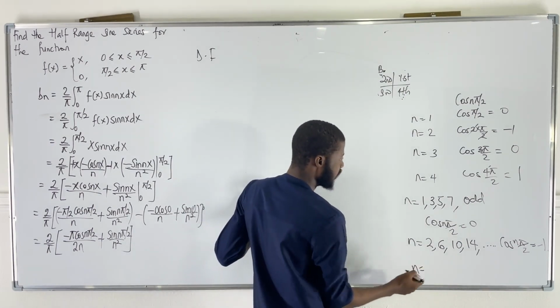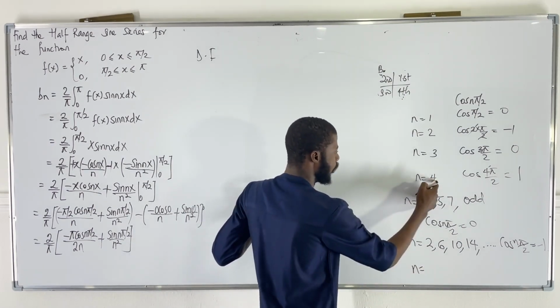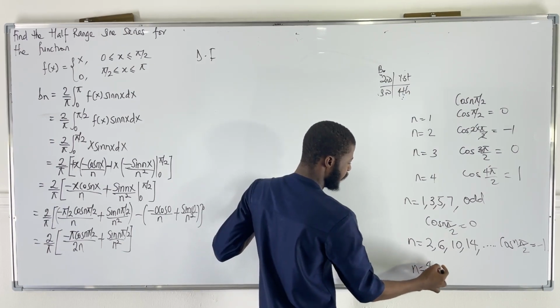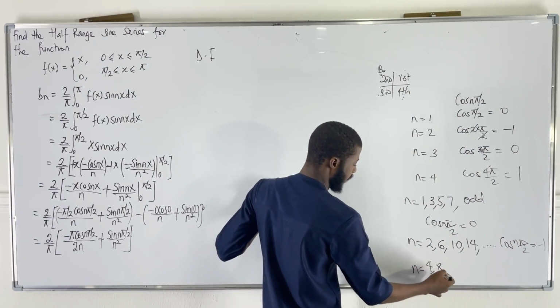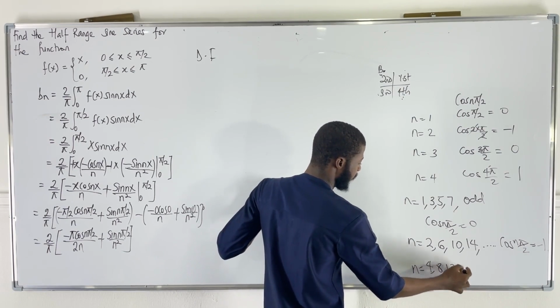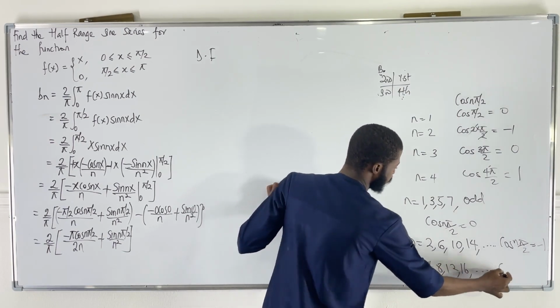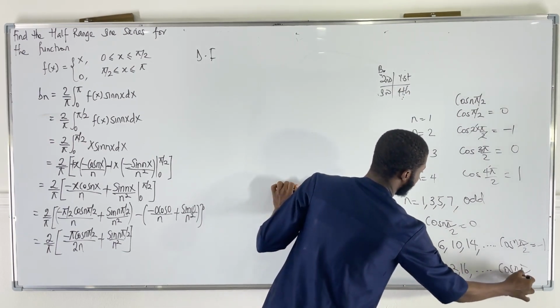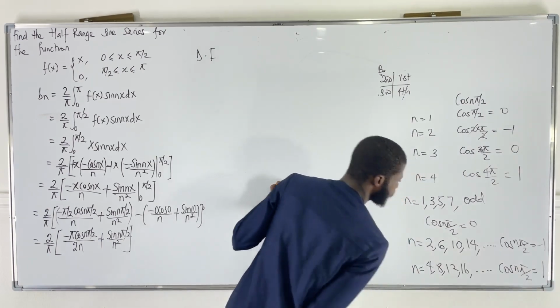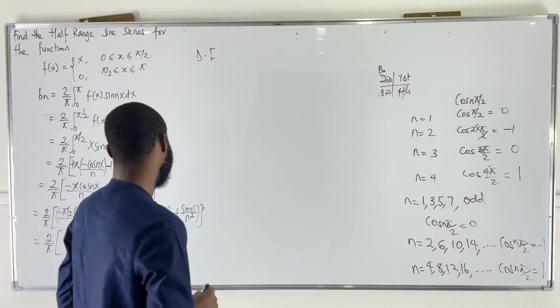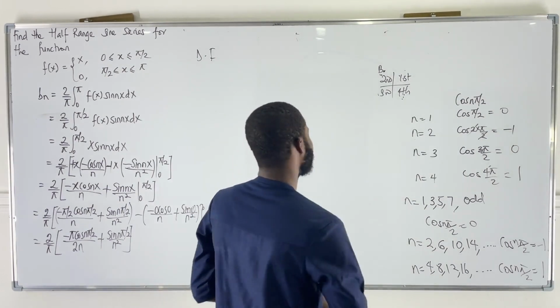Then when n is equal to 4, the next guy will be 8, the next guy will be 12. So cos n pi over 2 will become 1. All right. This is a very, very tedious question.